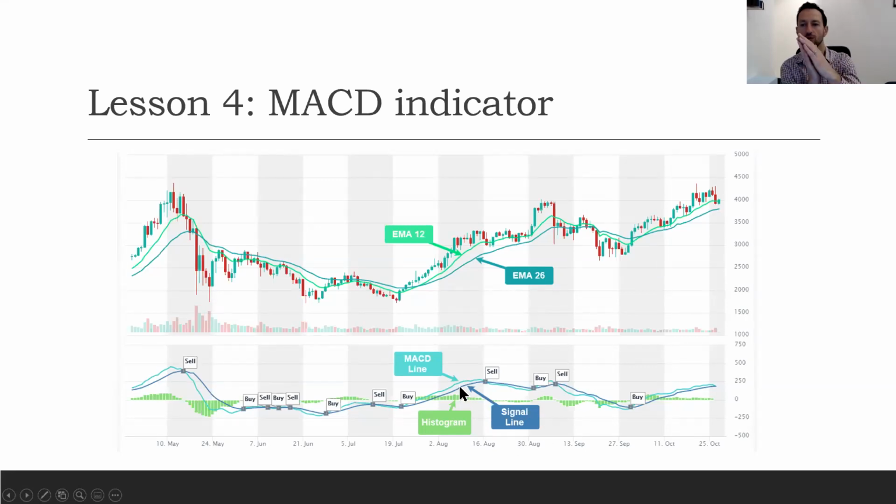As those two diverge, histogram bars rise. As those two lines start converging, indicating loss of momentum or diminishing momentum in price advances, then the histogram bars get smaller, they shrink, even dip below the zero line, into negative.